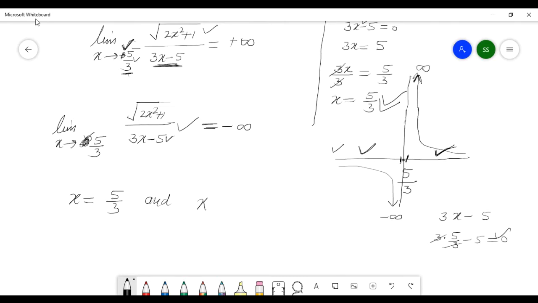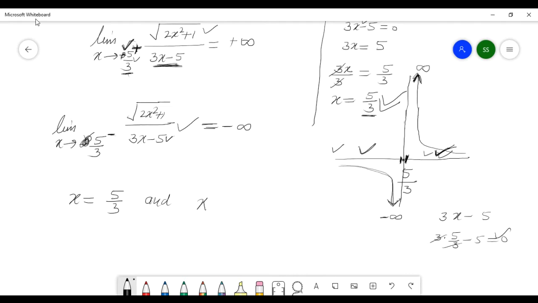This is the right limit, and this is the left limit. When x goes to 5 by 3 from the right, the function goes to positive infinity. When x goes to 5 by 3 from the left, it goes down, to negative infinity.